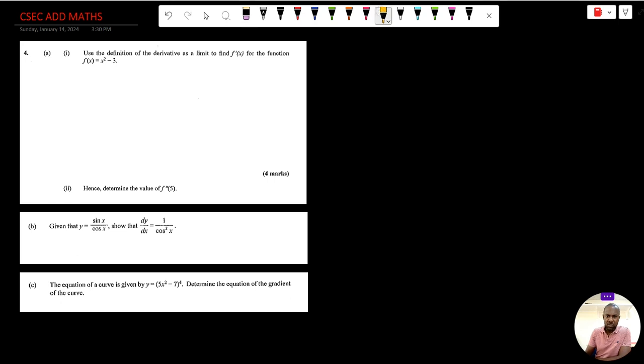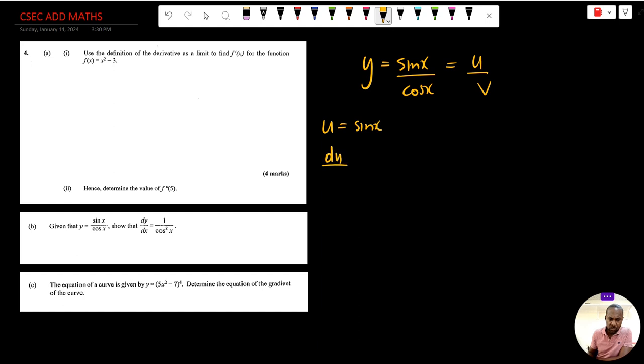All right? So we say that y equals sine x over cos x. So we can say that let that be equal to u over v. So what this basically means is that if u is equal to sine x, then it means that du by dx is equal to cos x.